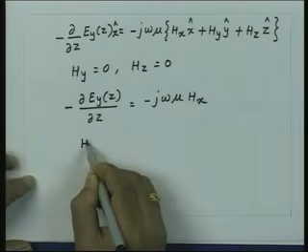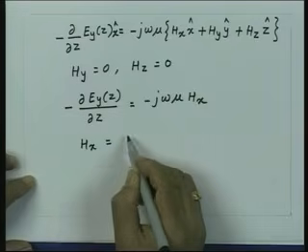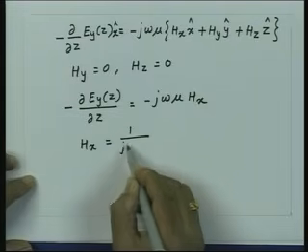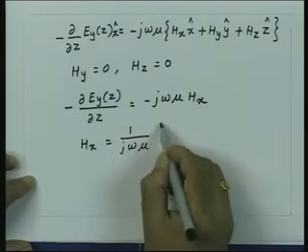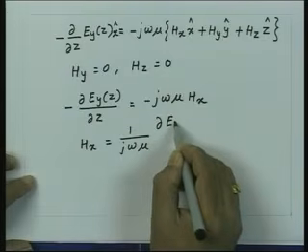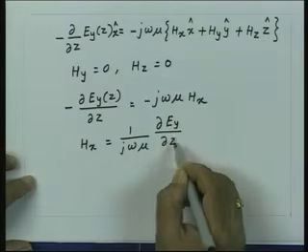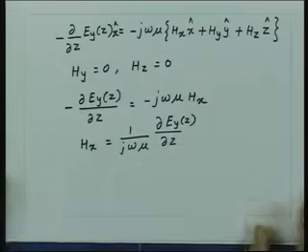So, essentially hx is equal to 1 upon j omega mu dEy by dz, function of z.